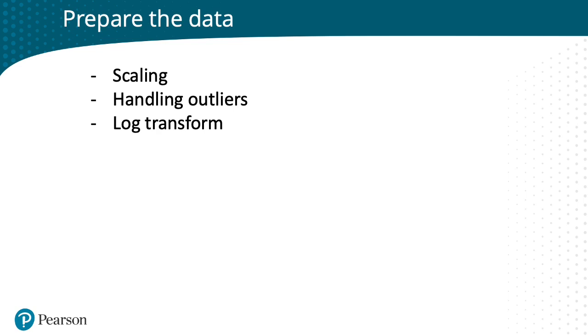So we'll take a look at things like how do you scale your data? If you're working with numerical values that go over a large range, you'll probably want to figure out what scale to use for that data. And then how do you want to handle your outliers?